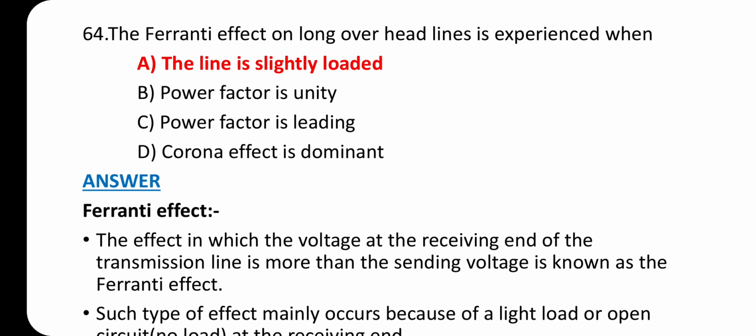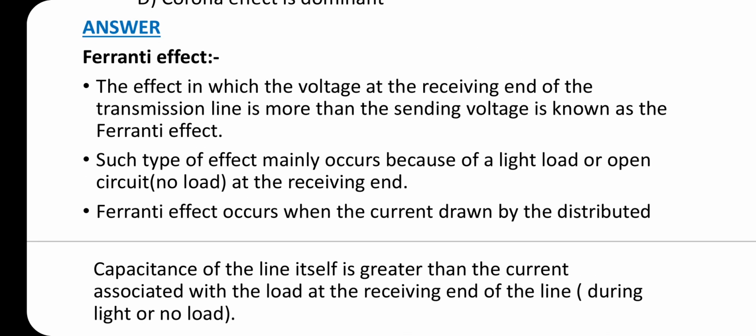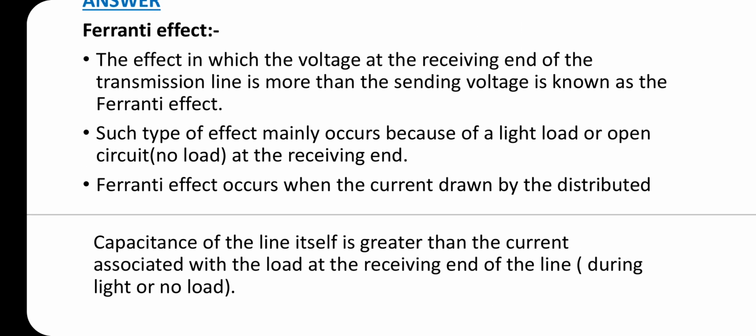Question number 64. The Ferranti effect on long overhead lines is experienced when: answer is option A, the line is slightly loaded. Ferranti effect: the effect in which the voltage at the receiving end of the transmission line is more than the sending voltage is known as the Ferranti effect.